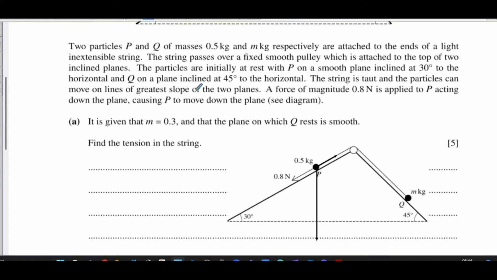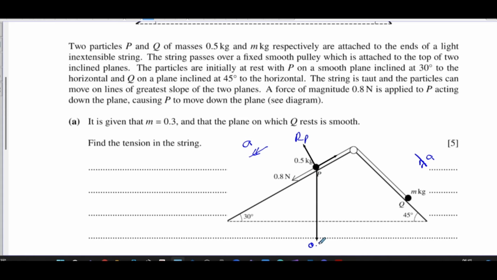Now remember, this is accelerating down, and this one is accelerating upwards. There's no friction. There is a reaction force, which won't really affect anything in this case because there's no friction here. That's the reaction force on P, which is always perpendicular to the surface of contact. Okay, so those are the forces acting on this.